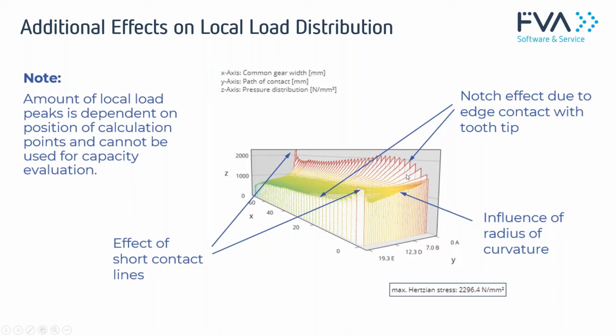So this is one effect. But we even have much higher local pressure values at this position, and we also have high load peaks at the end of the contact, and this is due to the contact of the tip edges with the tooth flank. This tip edge has a notch effect on the contact pressure values, and this notch effect may lead to very high local pressure values here.